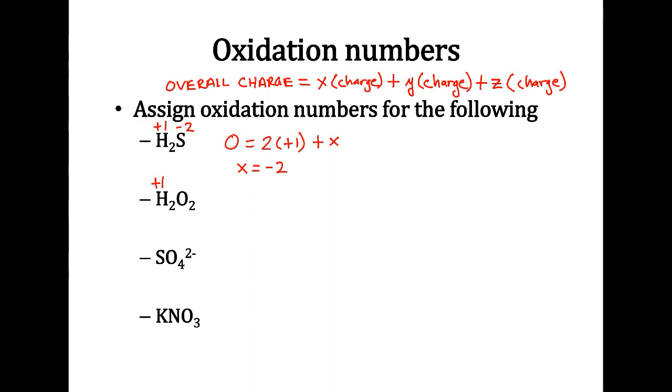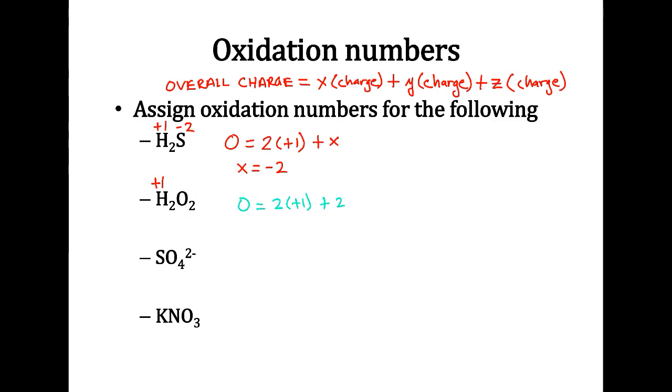And we know that oxygen is typically -2, but if we put -2 here as the oxidation number and set up our equation, we'd have 2 times hydrogen, which is +1, plus 2 oxygens times its oxidation number of -2. This does not equal 0. So what that means is oxygen must have a different oxidation number. So let's go ahead and try to solve for that.